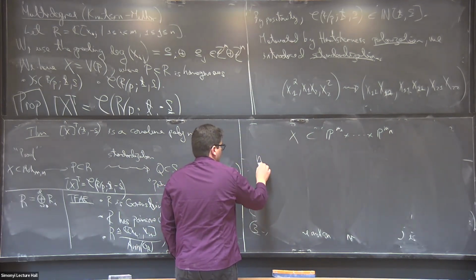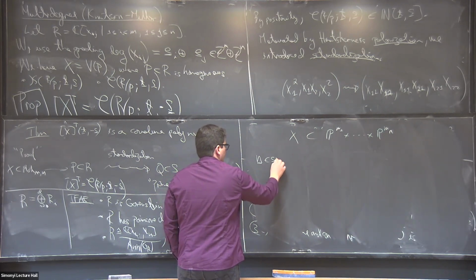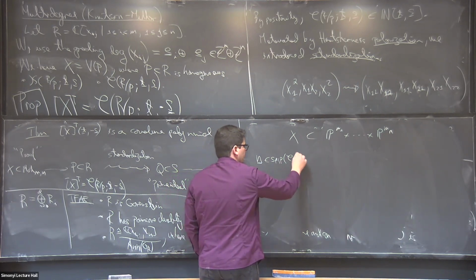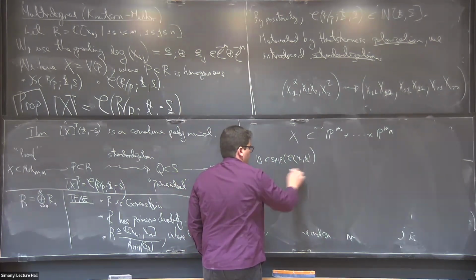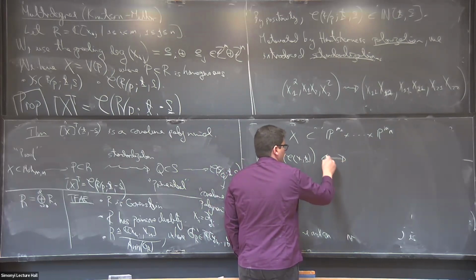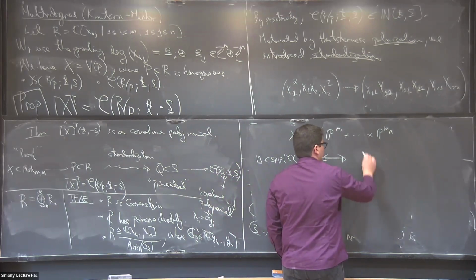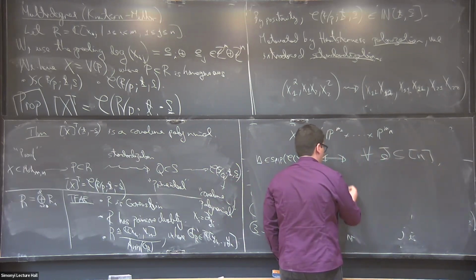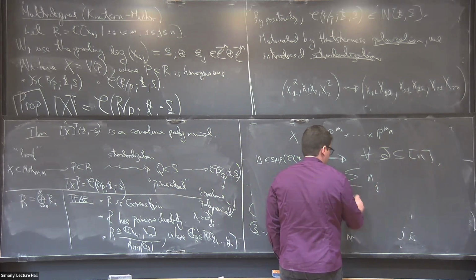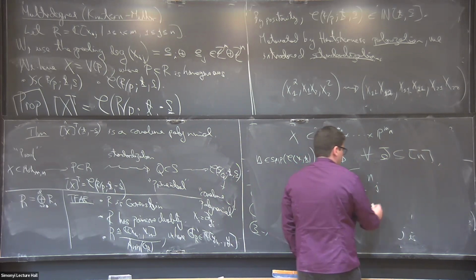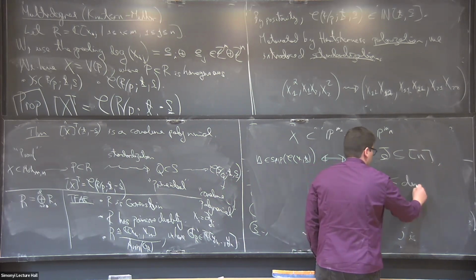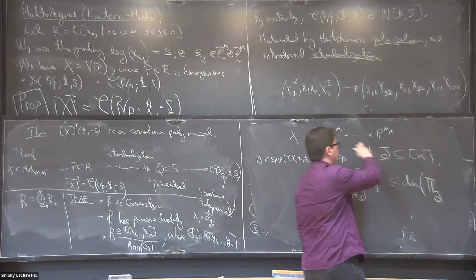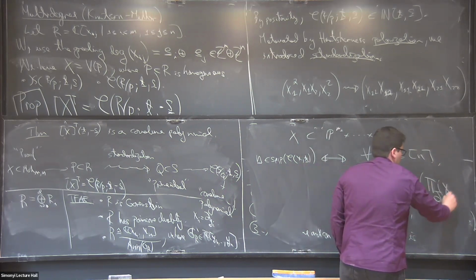So then let's say vector N will be inside the support of the multi-degree of X if and only if for all J inside N, the summation of Nj, where j is inside J, is smaller or equal than the dimension of projecting into the corresponding subset of products of projective spaces of X.